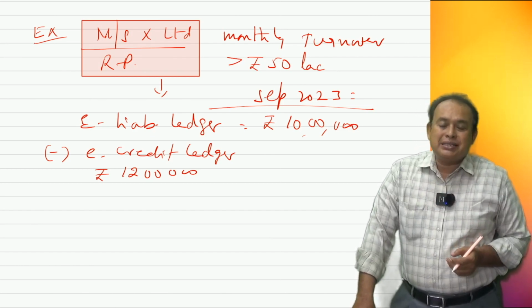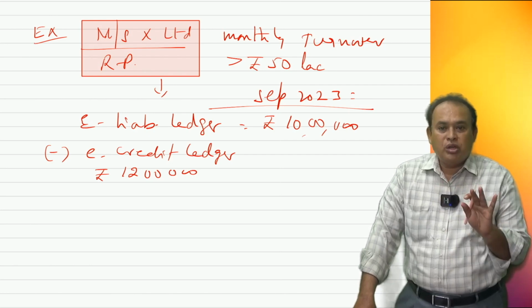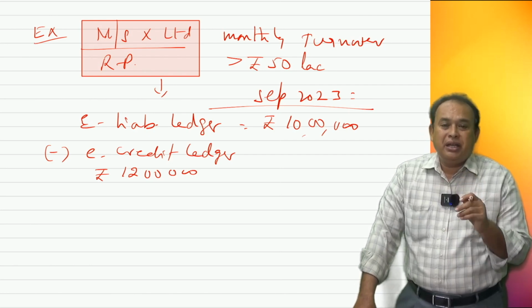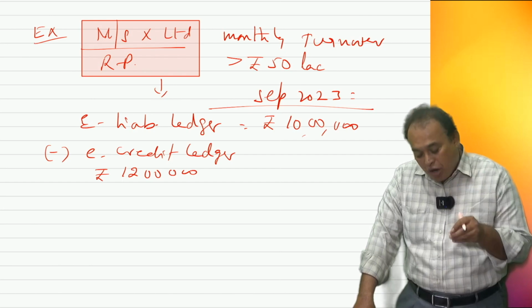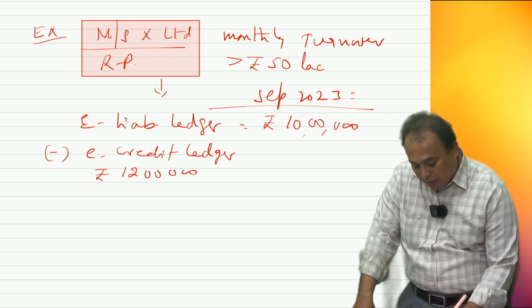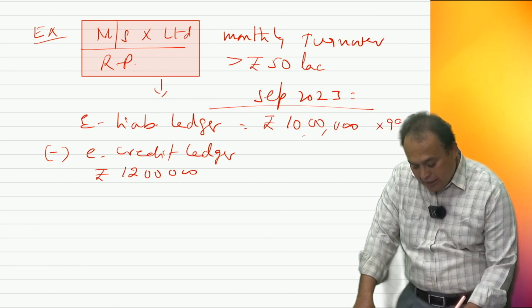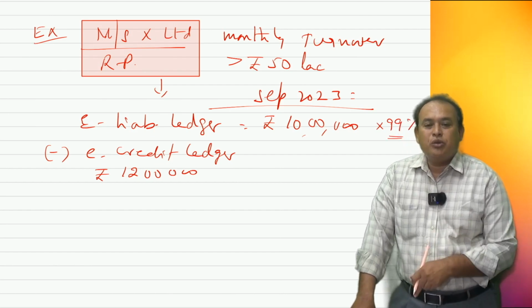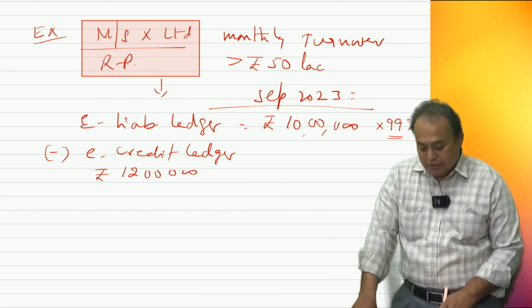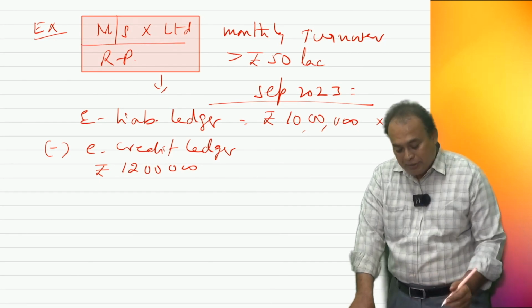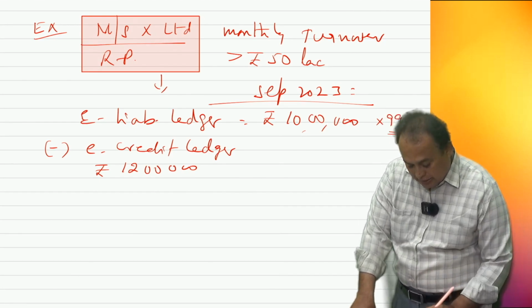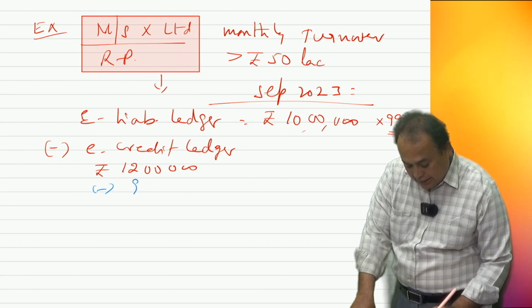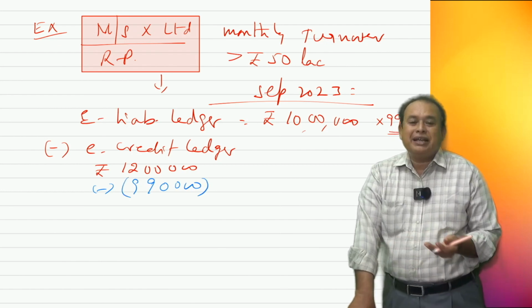Rule number 86B says no. You can utilize only 99% of your liability from your electronic credit ledger. Meaning what? How much comes here? 9 lakh 90,000, correct? 10 lakhs 99%, how much?